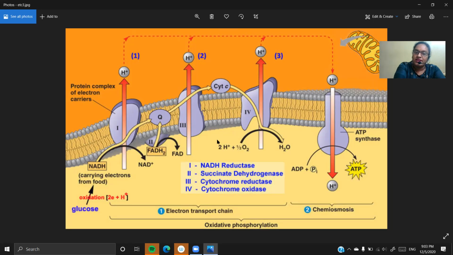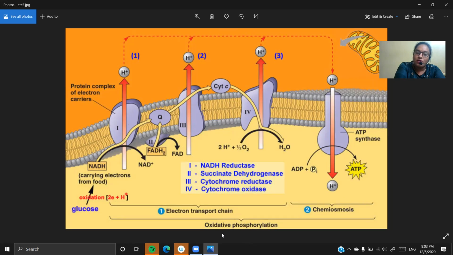Okay, these are not required, but just remember that the enzymes, electron carriers and the complexes are the ones which are actually transferring the electrons, and during transferring the electrons, the energy is utilized for pumping the protons, and this proton movement from a higher concentration to lower concentration through ATP synthase results in the formation of ATP.